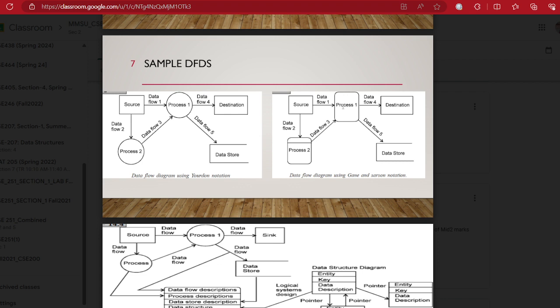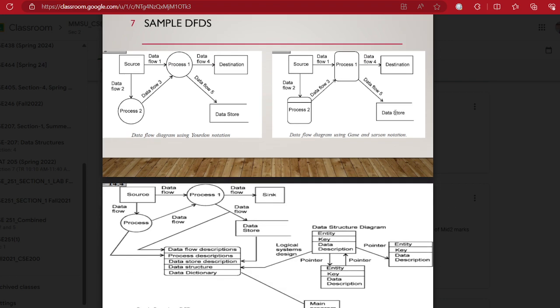From your database, the data will be fetched, and to your database, the data will be brought. So that's the process that you can put. And as a source, you can use a form, right? You can use user end forms to capture the data, to input the data into the database, and there will be a process in between. And the destination, you can put accordingly, right? So that is the simplest.